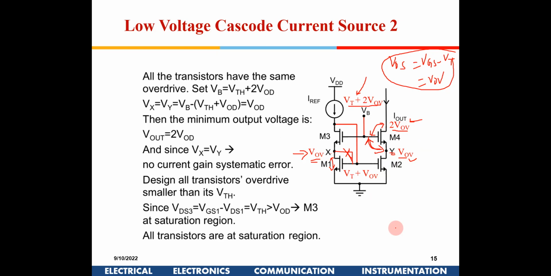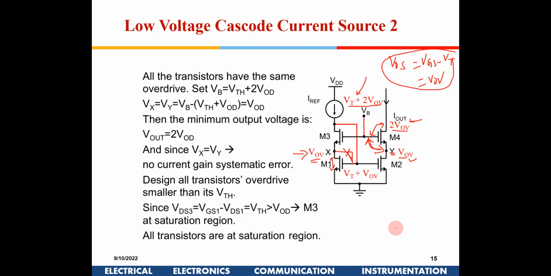Sir, if you are applying VT plus 2 VOV at VB, then the gate voltage VG is equal to VT plus 2 VOV, correct? Correct. Then the Y point will be the source point, sir? Yes. So if Y is VOV, moving backwards, VGS, the voltage between gate and source, will be VT plus VOV.